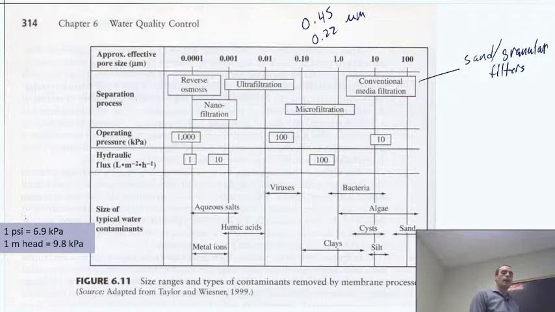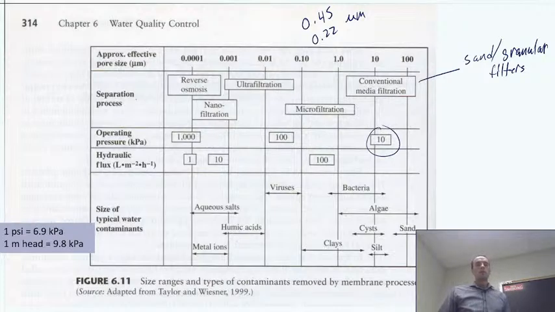Okay, and another way we could look at it is 1 meter of hydraulic head, water on top of a filter, is about 10 kilopascals. So if we have 10 kilopascals, that's talking about 1 meter of water stacked on top of something. So if you go swimming and you're a few feet under, you've got about that much pressure on you just from the water above you.